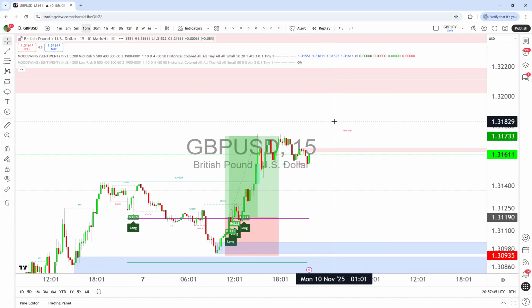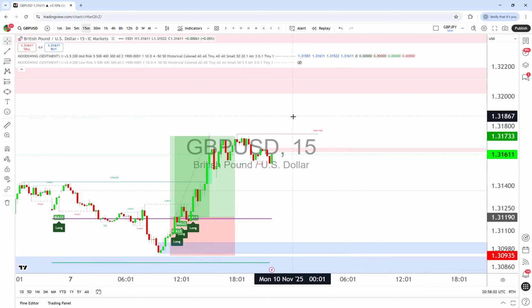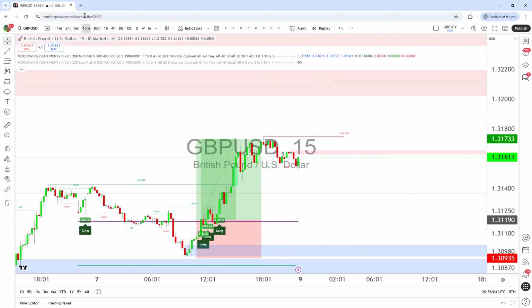Now, one of the things that a lot of people have been asking is, when is that mood swing level going to print? And it usually prints in the first hour of the Asian session. However, if you want to see it quicker, you drop down to a smaller time frame, like a 5-minute or a 3-minute, and then you would see the little green line or the little red line forming, depending on how price is trending.